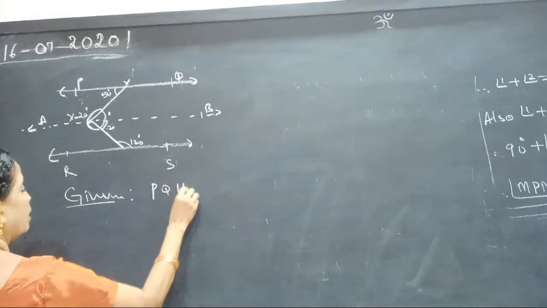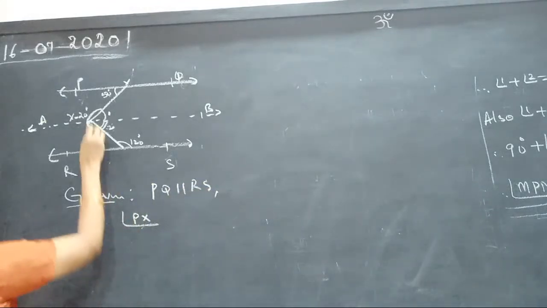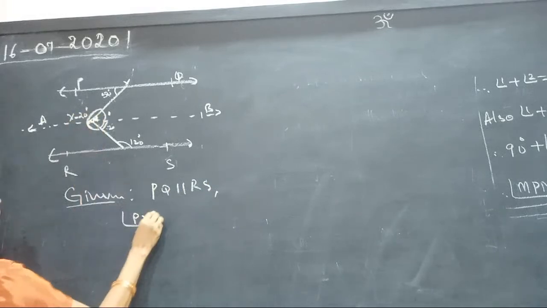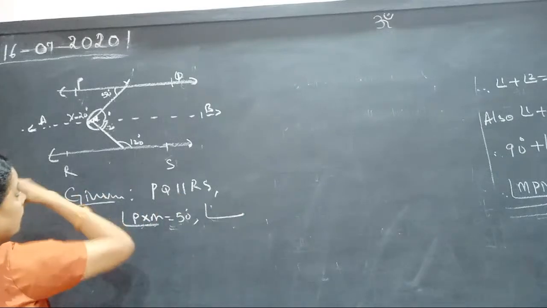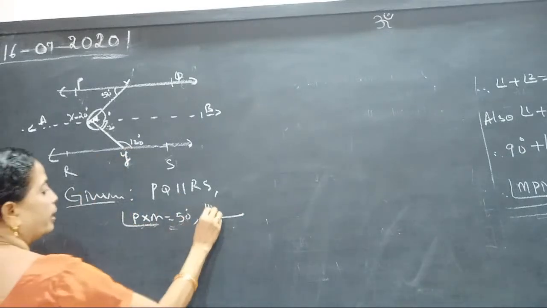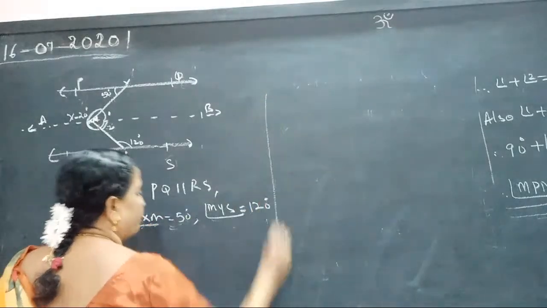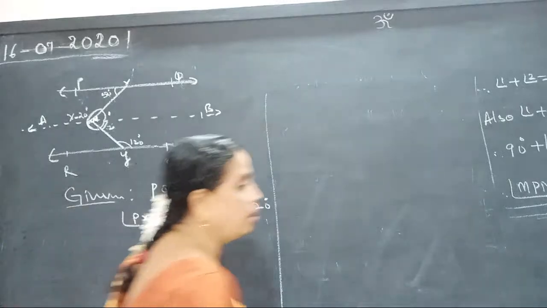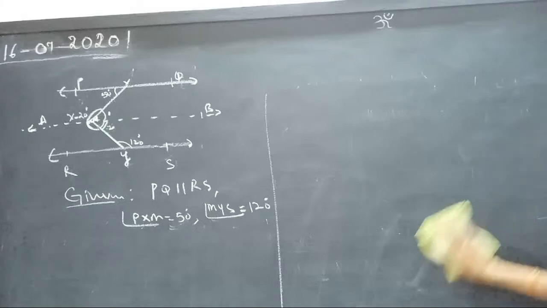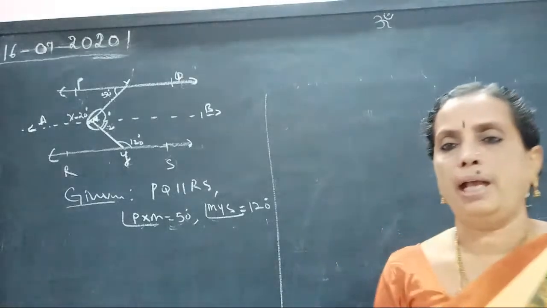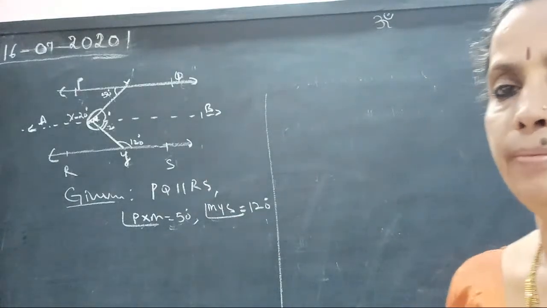PQ is parallel to RS, angle PXM equals 50 degree, angle MYS equals 120 degree. So now using alternate interior angles concept and sum of co-interior angles. Now using alternate, what is the measure of angle 1?